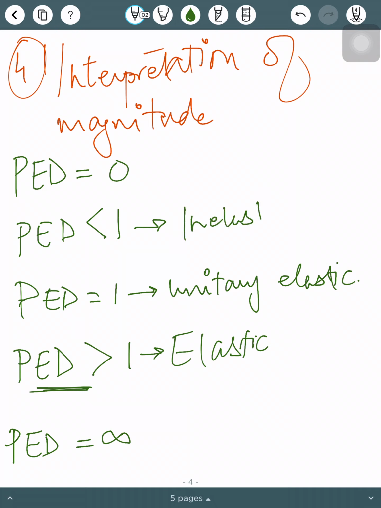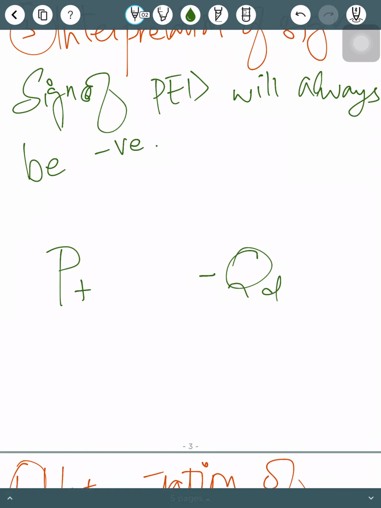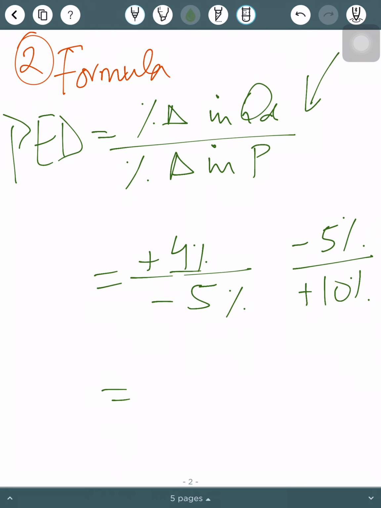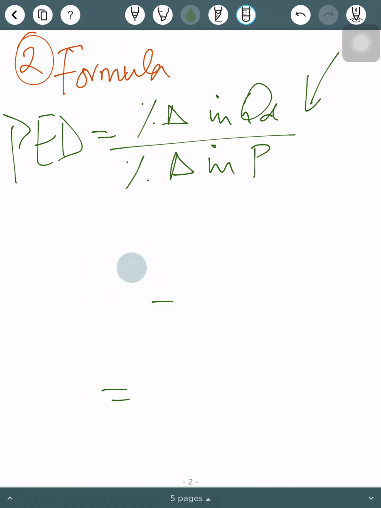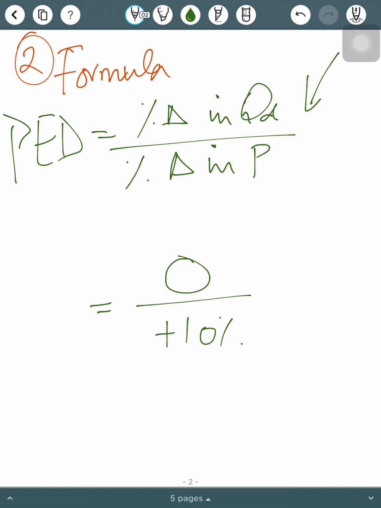When will we get the value of 0? When will the PED of a product be 0? The PED of a product will be 0 when, regardless of the percentage change in price of the product, let's say there is a 10% rise in price, the change in quantity demanded is 0%.